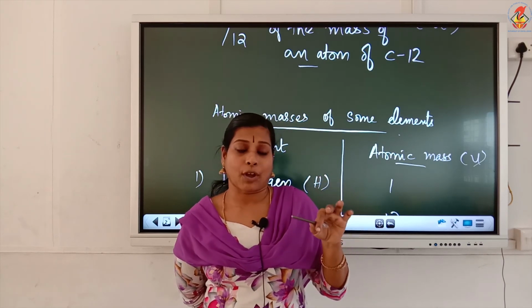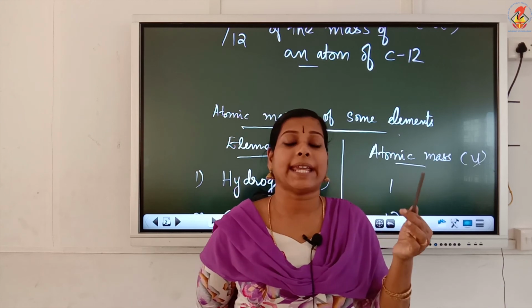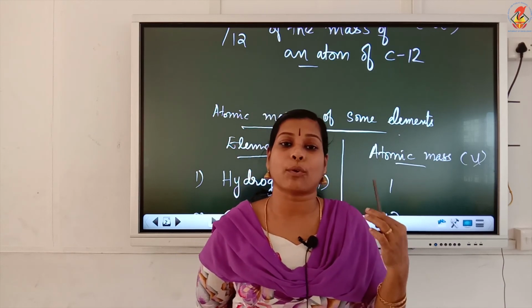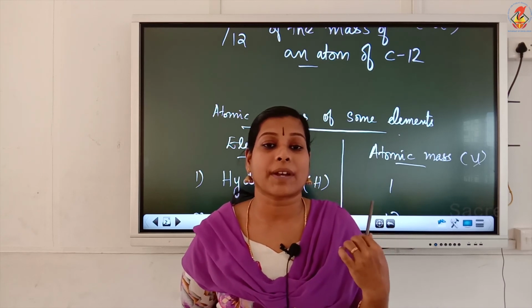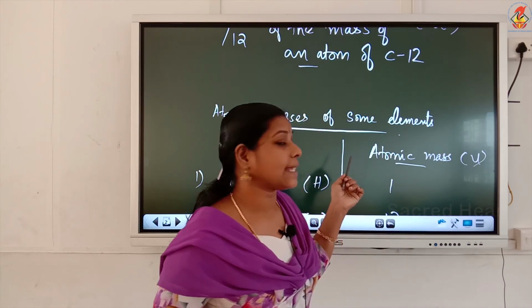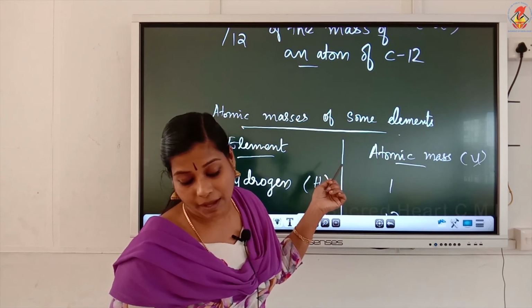And atomic mass is a relative term with respect to the carbon atomic mass. We are telling the atomic masses of other elements, and we can see in this table the atomic masses of different elements.